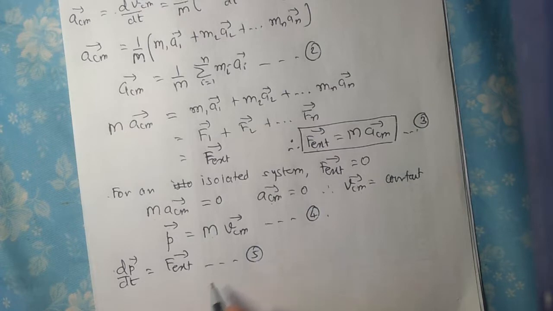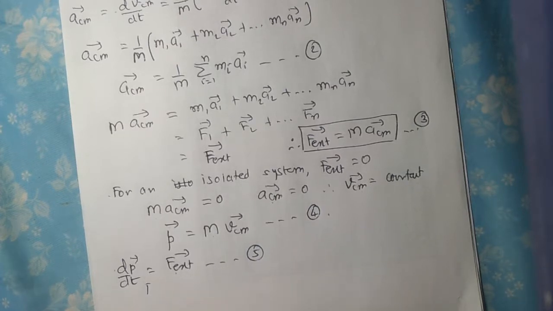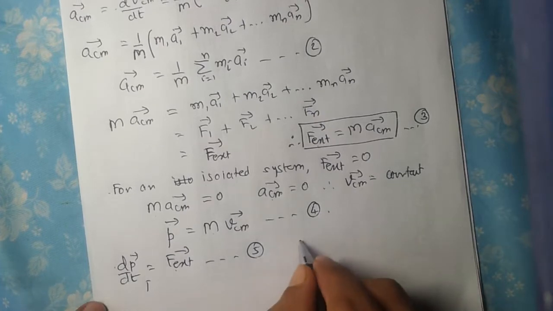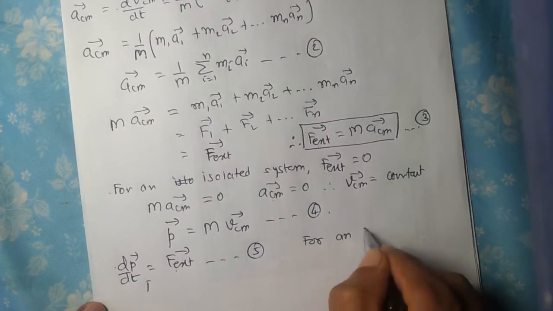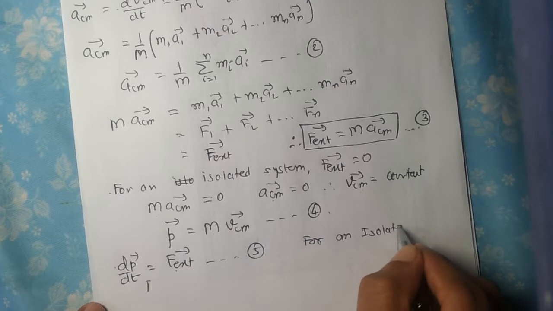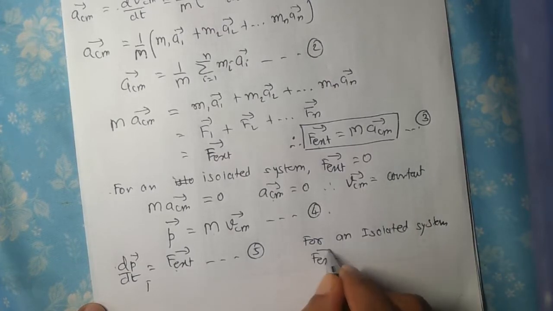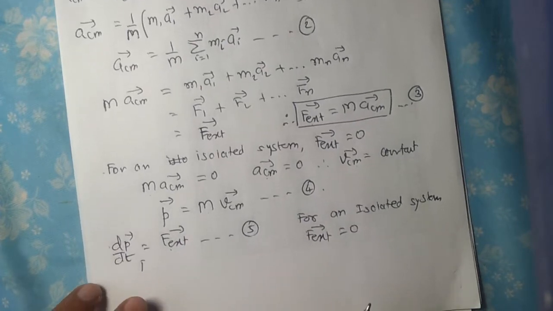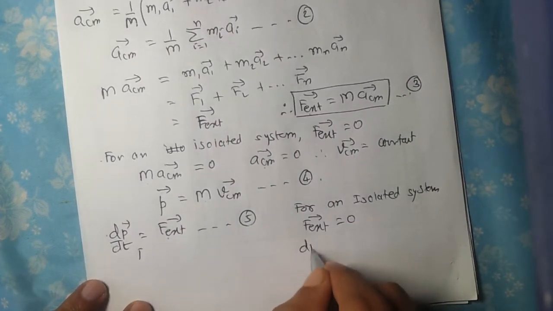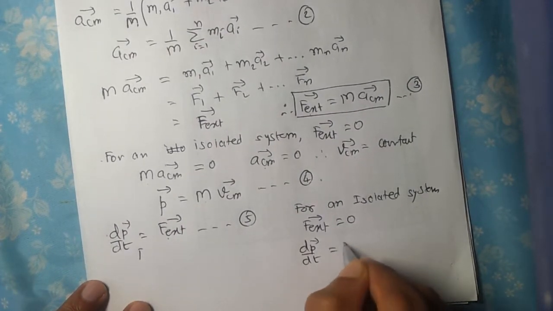And again, for an isolated system, F external is equal to 0. That means dP by dt is equal to 0.